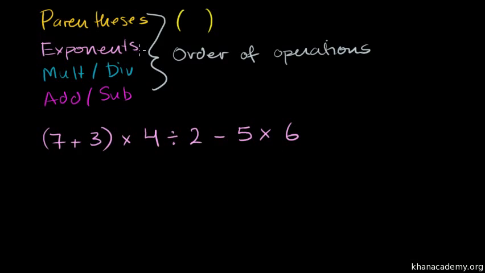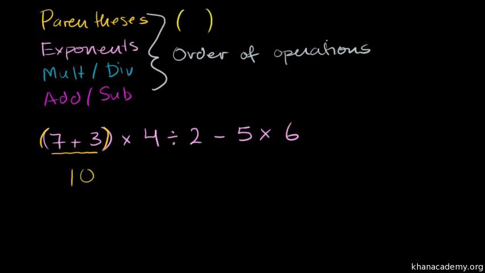But if you just follow the order of operations, you'll simplify it in a very, I guess, clean way. And hopefully we'll all get the same answer. So let's just follow the order of operations. The first thing we have to do is look for parentheses. Are there parentheses here? Yes, there are. There's parentheses around the 7 plus 3. So it says, let's do that first. So 7 plus 3 is 10. So this we can simplify, just looking at this order of operations, to 10.